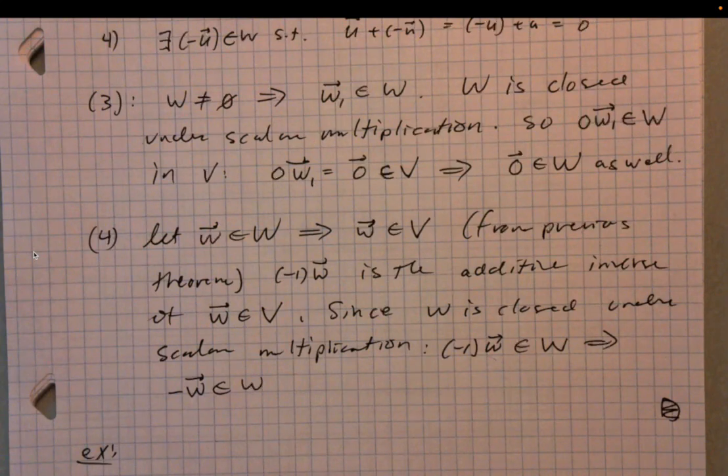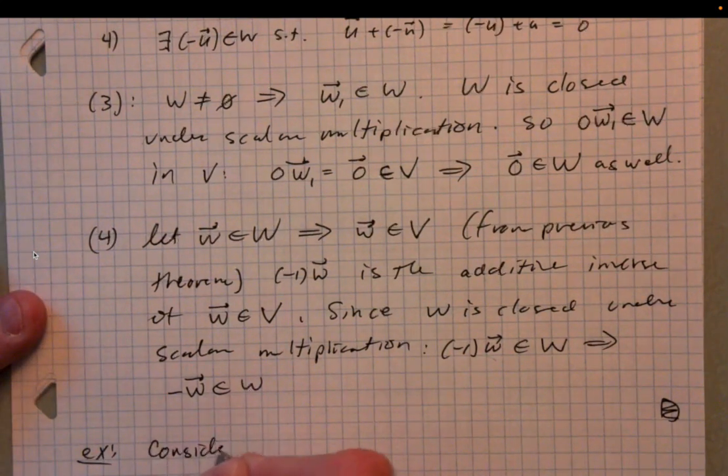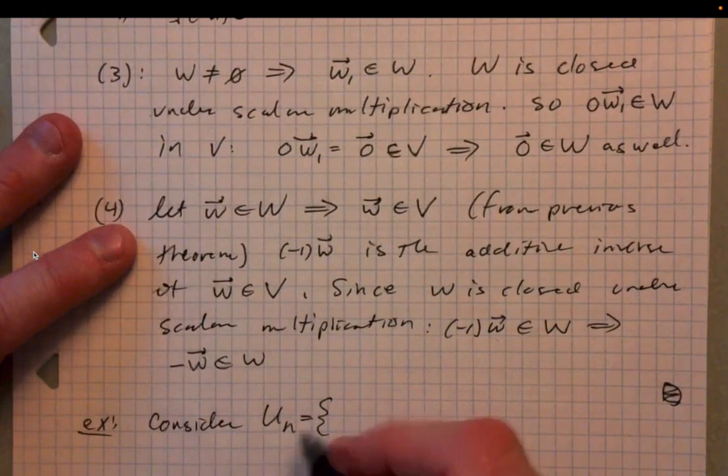Let's take a look at an example here. So consider the set U_n of upper triangular n by n matrices.